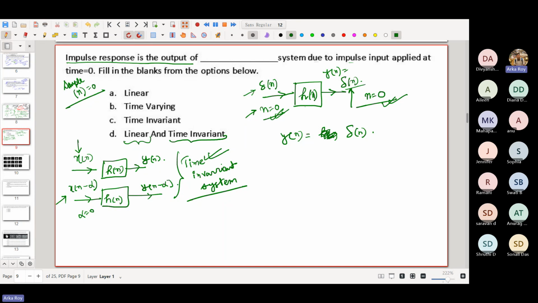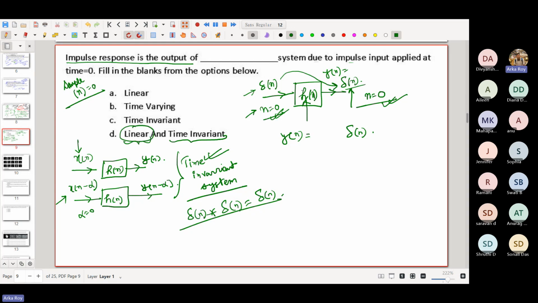If you know the DSP concept or any signals and systems concept, you have seen the formula of convolution. If you convolve delta n with delta n, you will get delta n at the output. So the impulse response sitting over here gives you a convolution operation that leads you to getting the impulse response back. So that is why the system is a linear system.